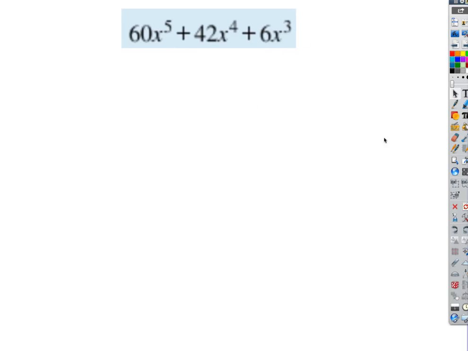Okay, and think of it in two parts, right? Think of the number, the biggest numerical part. It's the biggest number that divides into all those. And then also, what about the variable? What's the biggest power of x that I could undistribute from all three?